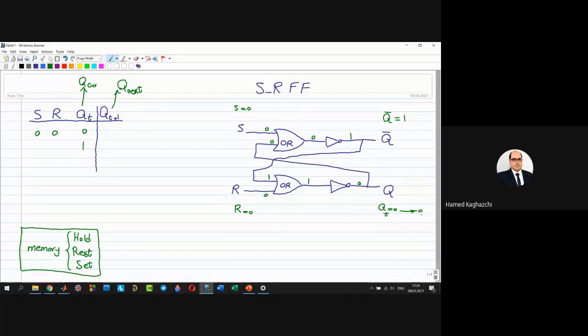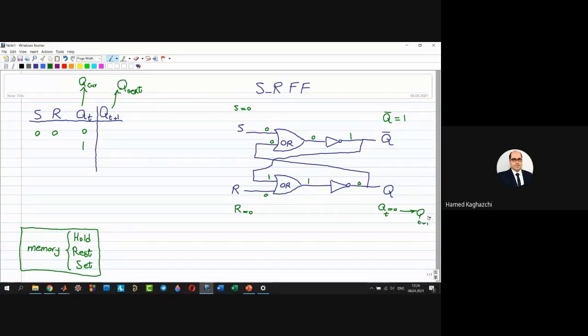Now, if I suppose that Qt in the next time, Qt plus 1 is also 0.